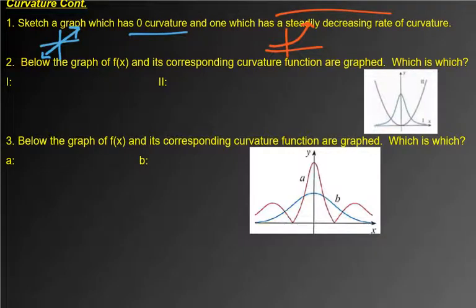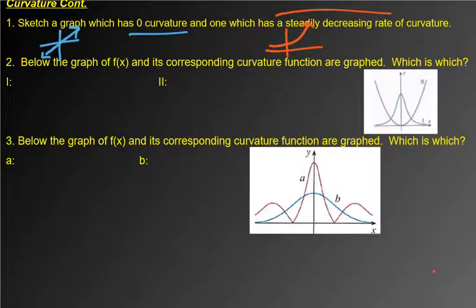So it kind of turns quickly, but then as you go on, it's going to start to straighten out and go almost straight up. And when it's doing that, it basically looks like a line. So this thing curves a lot in the beginning, and then it just flows down, and the curvature is just going to decrease.